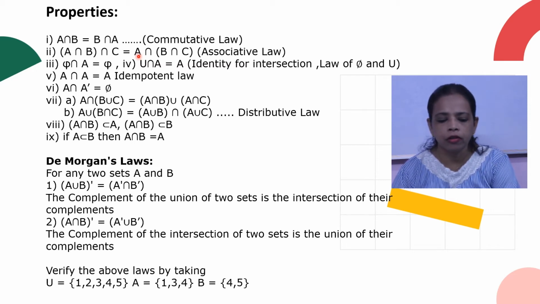This is called associative law. So the intersection of sets is always the same even if the grouping of sets is different.